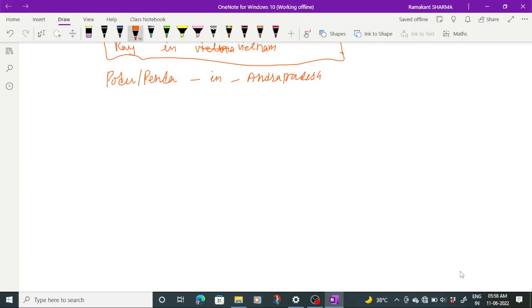Then it is called Rama Davi, Kamran, or Bringa in Odisha.